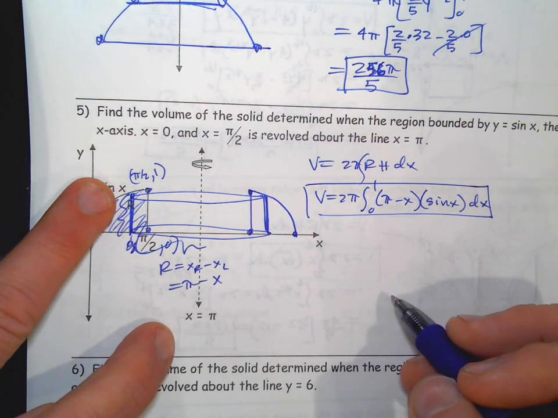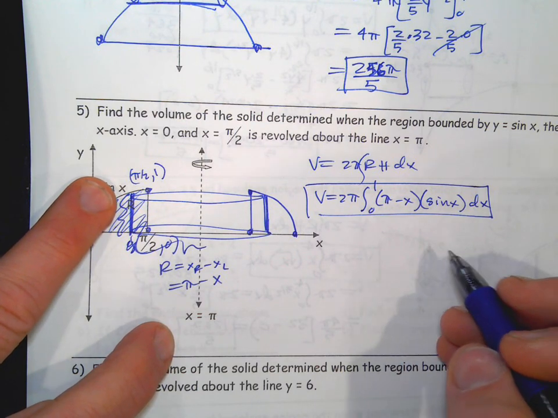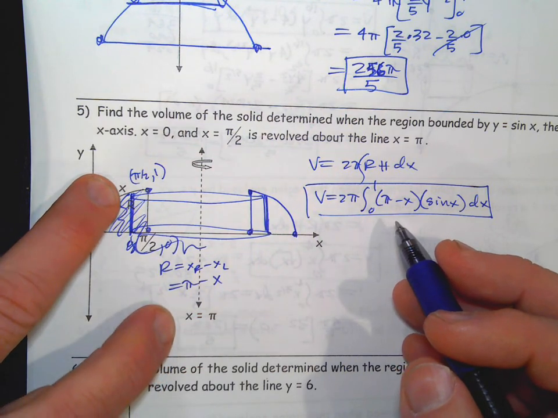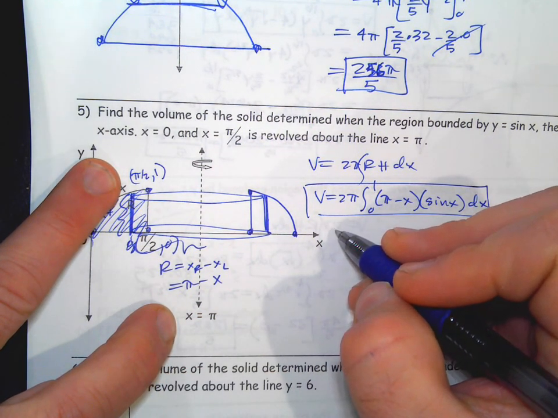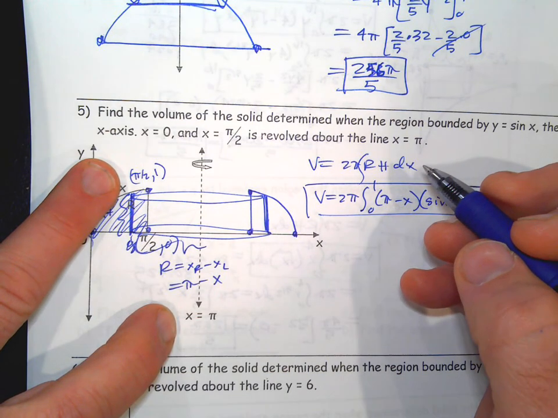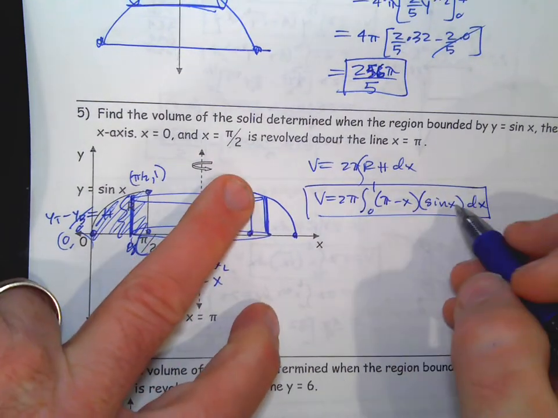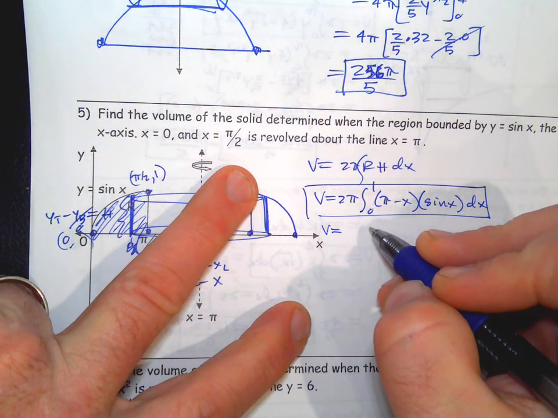Now, to integrate this, the washer approach we couldn't integrate because it involved inverse trig. But I think you guys in Calc BC can actually integrate this because it involves integration by parts.